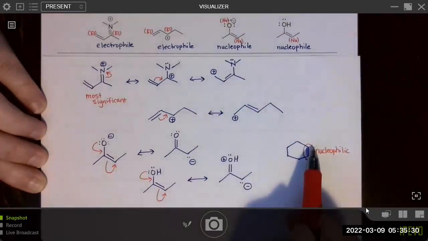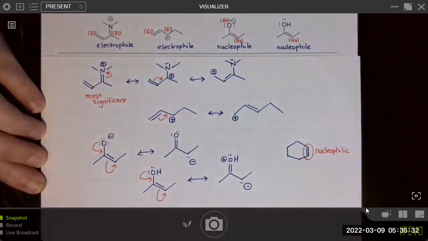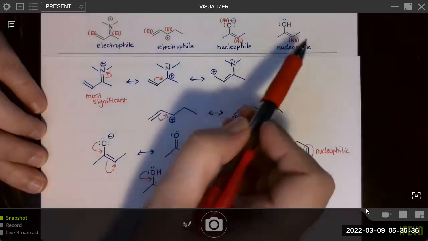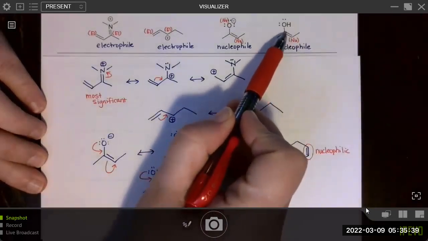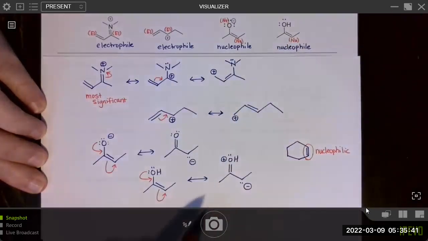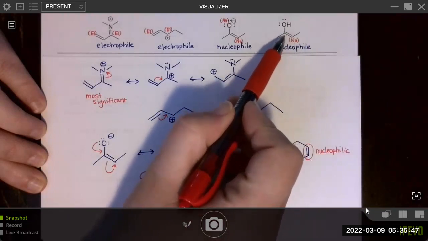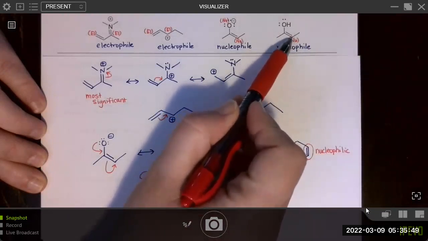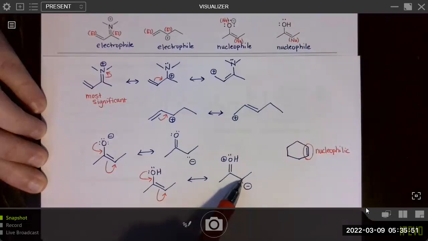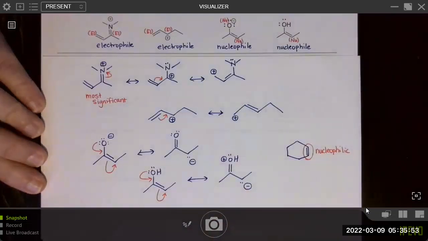And that's because they're essentially equivalent in an alkene. But in a case where there's resonance, both of these carbons are not equally nucleophilic. Instead, resonance shows us that this one is much more nucleophilic than the other. So we're not going to circle the whole pi bond in this case, specifically focus on the one that we know has the partial negative charge.